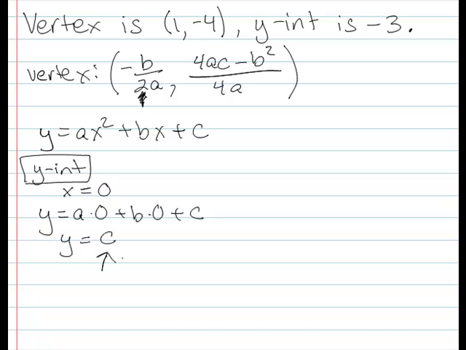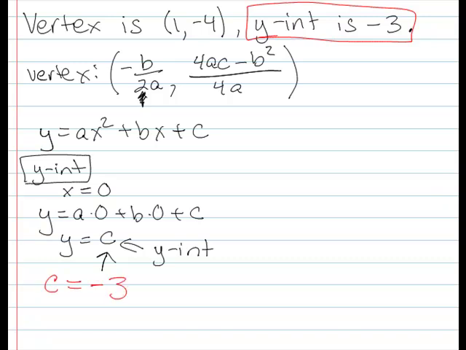Anytime I have the quadratic in standard form, my y-intercept is going to be c. So since it tells us the y-intercept is -3, what it's really telling us is c equals -3.